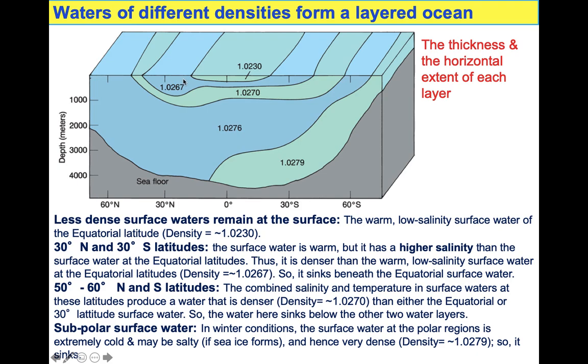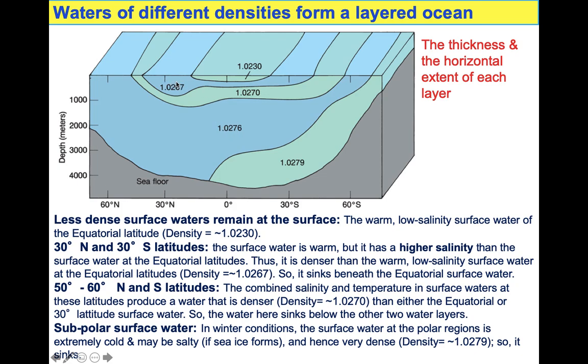So you have higher rates of evaporation, and that's why the salinity is higher, because the surface waters are now more salty. As a result, you have this blue layer with increased density. So we went from 1.023 to 1.0267 gram per cubic centimeter at these latitudes with higher salinity.